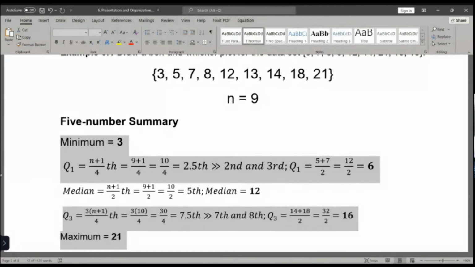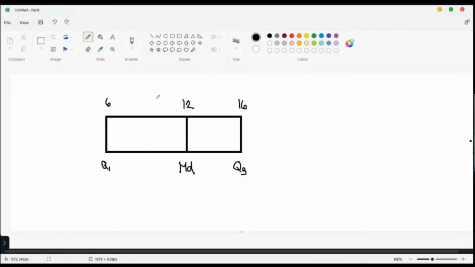Compare nyo yung differences nila. Let's say, for example, the difference of 6 and 3 is 3. Diba? 6 minus 3 is 3. Compare nyo sa difference ni 21 and 16. Okay, so as you can see, this is shorter. The left whisker must be shorter compared to the right whisker.